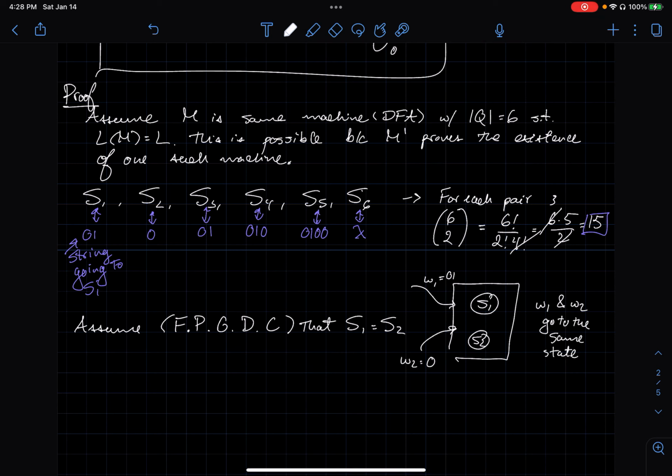So now I need to derive a contradiction based on the nature of the language L. So how do I actually do that?